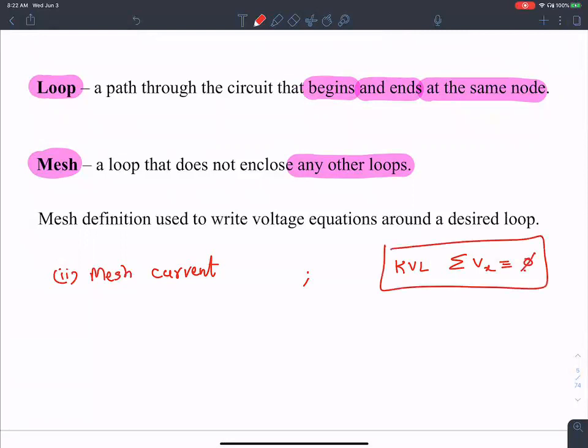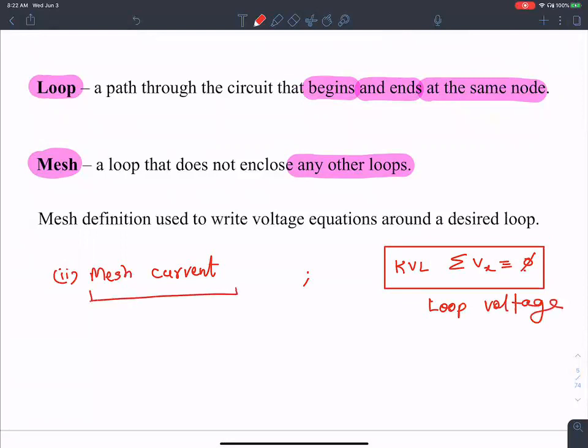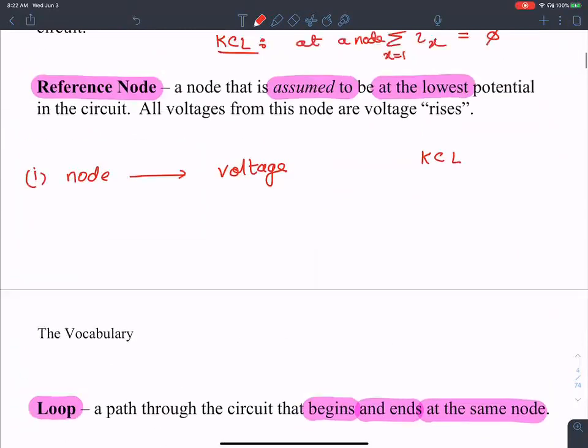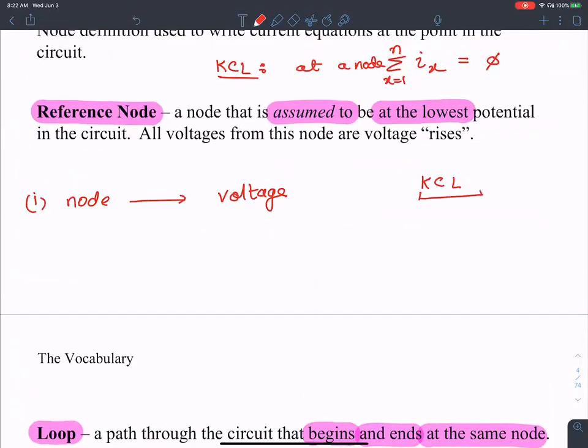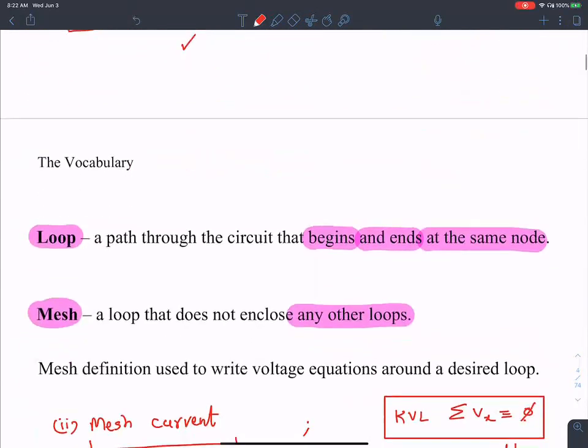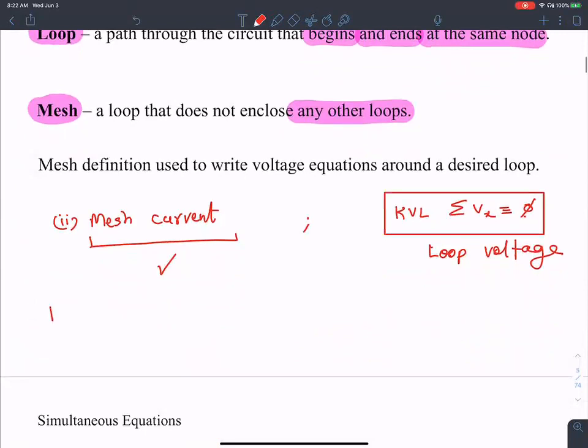So earlier we saw loop voltage; from here on out, we are going to see loop or mesh currents. Slightly different: earlier, we saw currents at a node, which all summed to 0. Now we are going to associate voltages. So slightly different from what we have done before. So node voltage and mesh current.